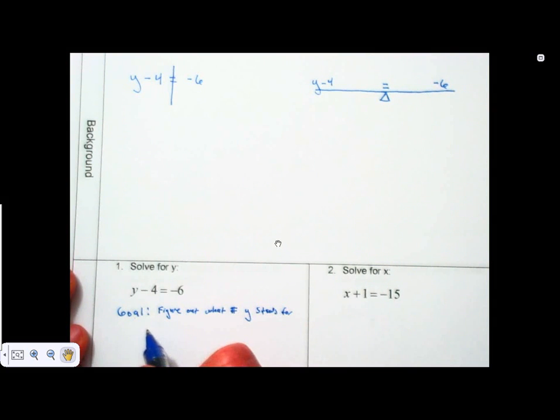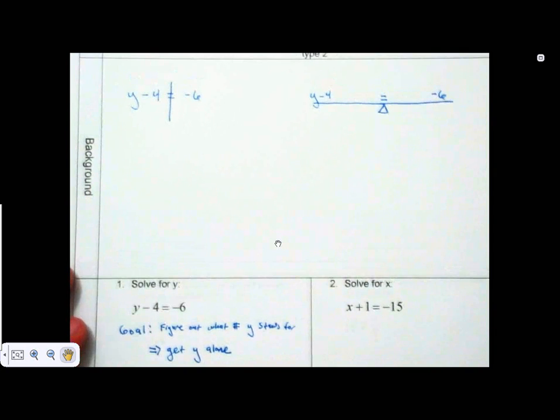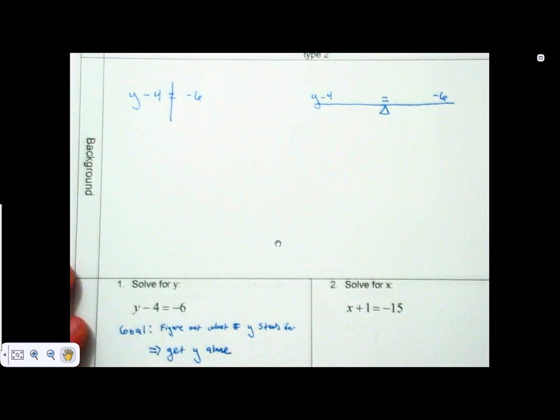So really, that suggests that our goal is to get y alone so that we can see what it equals. And so let's see how we can go about doing that.